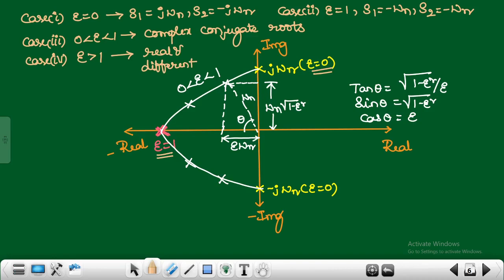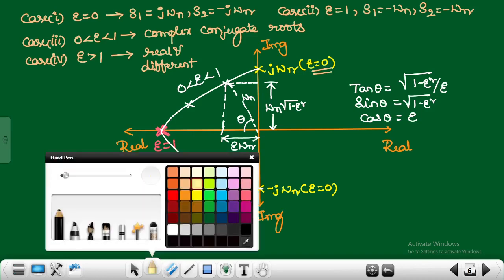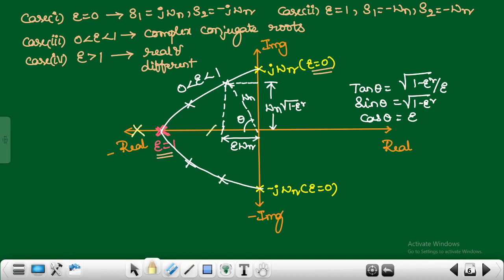Whenever you take the two roots here, I am representing the roots with this. One root if you take here, another root if you take here, this is the case for zeta equals 1, this is zeta greater than 1, this is also zeta greater than 1.